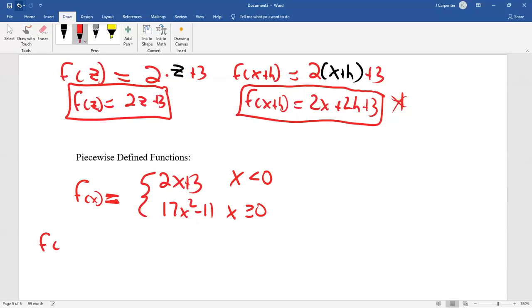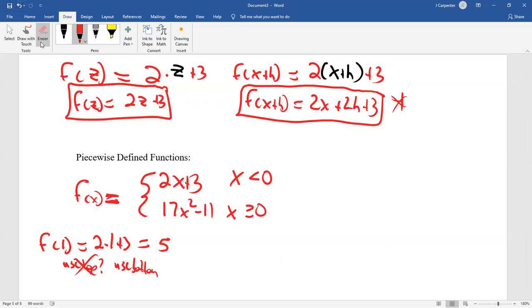So if I wanted to do f of 1, I would use the top, right? And I say right because I wasn't paying attention, but I'm emphasizing here: that says to use when x is less than 0, but 1 is bigger than 0, so no, that's not right. We use the bottom. So that would be 2 times 1 plus 3, which we already know is 5.